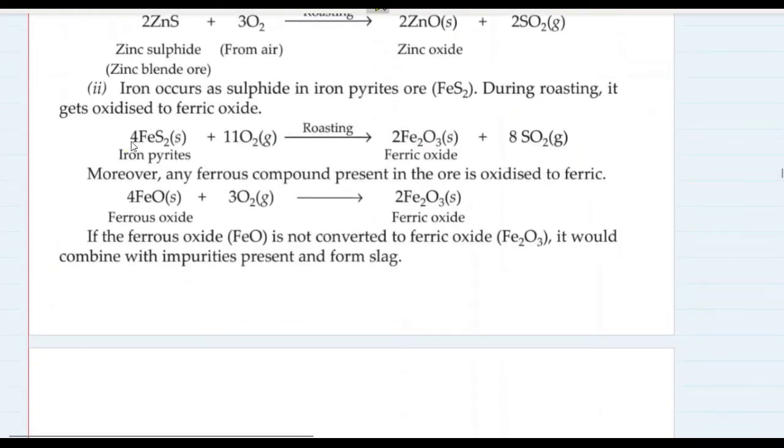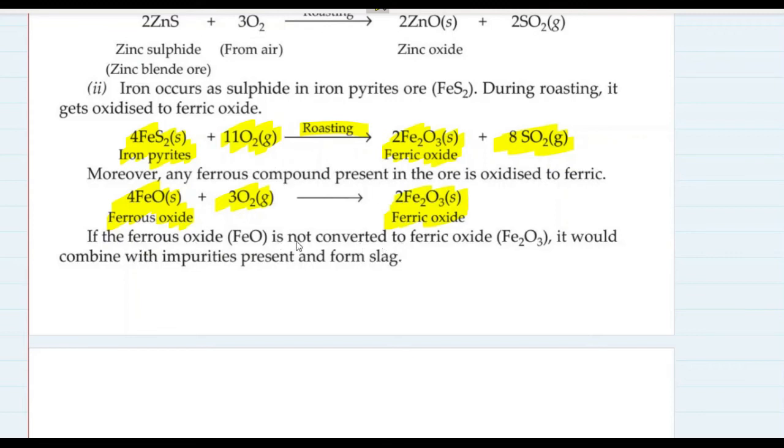Next example is iron pyrites. Heated strongly in the presence of air, ferric oxide is obtained and sulfur dioxide is evolved. Ferrous oxide, heated more strongly, gets converted into ferric oxide, which is much easier to reduce.